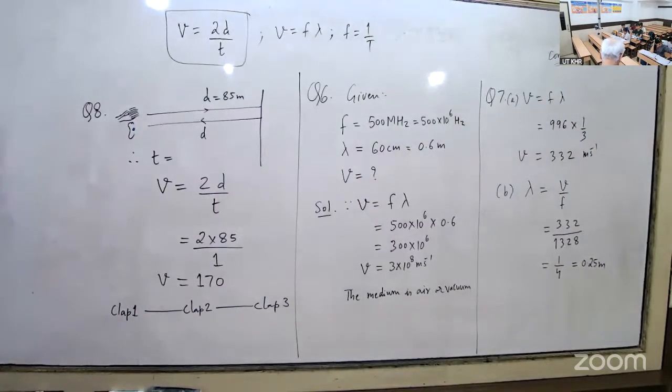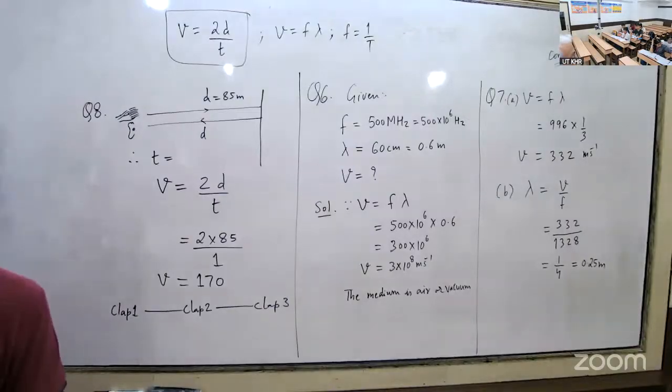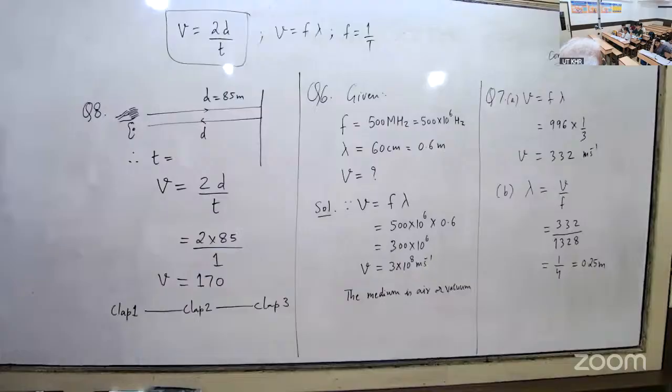Because if F is equal to 2, then T is equal to 1 by 2. That is capital T, the time period. I am asking the time of echo. Oh yes, listen.